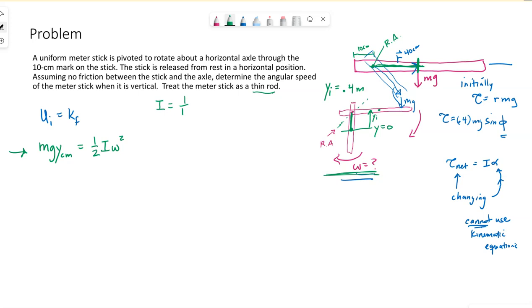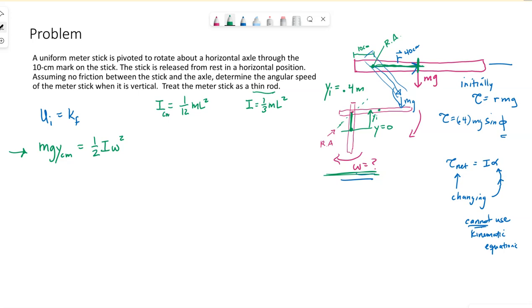One of them is 1/12 ml squared. The other one is 1/3 ml squared. Now, if you're looking at the table in the book, it shows you the picture of the rotation axis. That's the wrong one.